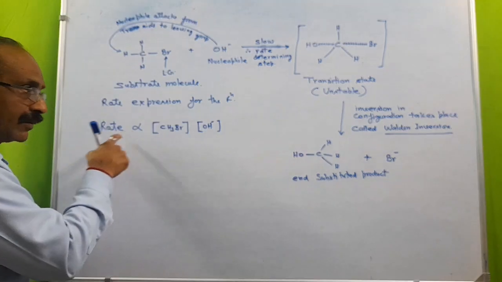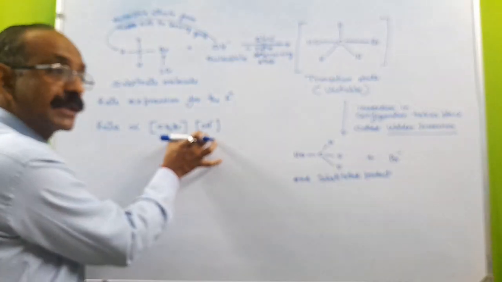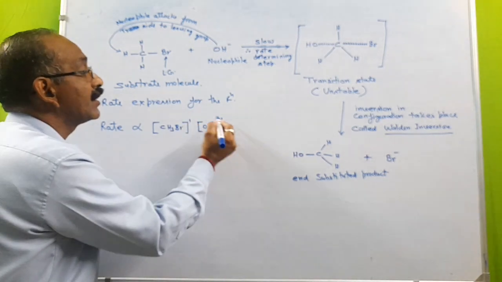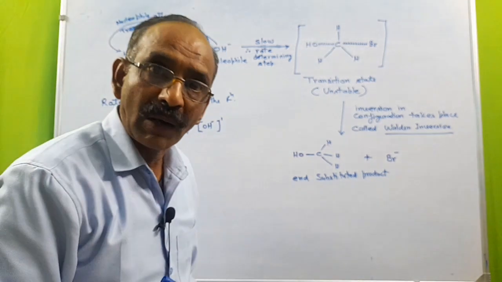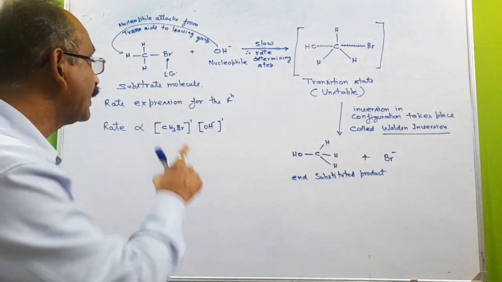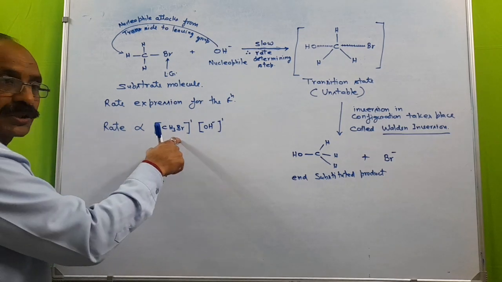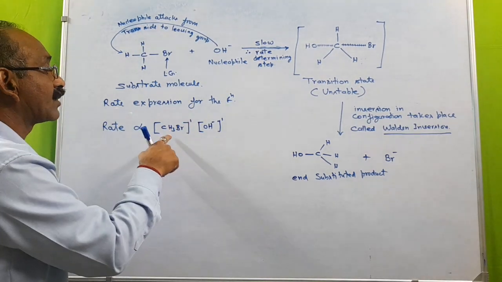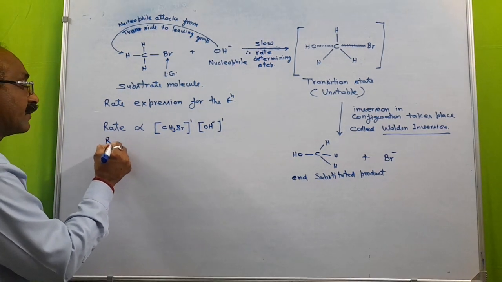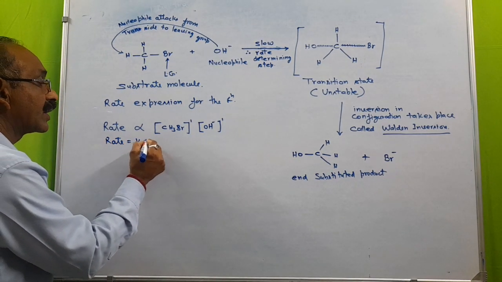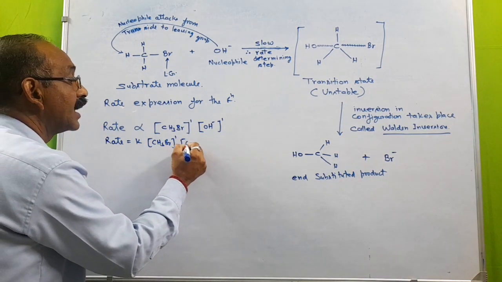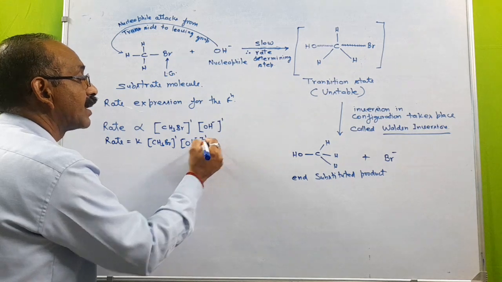The rate will be proportional to the product of molar concentrations of the reactants raised to some power, which equals the stoichiometric coefficients. Here the stoichiometric coefficients are 1 and 1. So the rate will be proportional to the 1st power of CH3Br and the 1st power of OH minus. We can write that the rate equals k[CH3Br]^1[OH minus]^1.